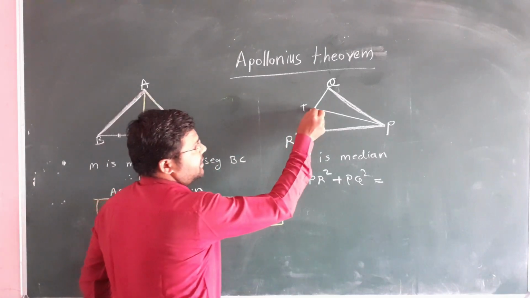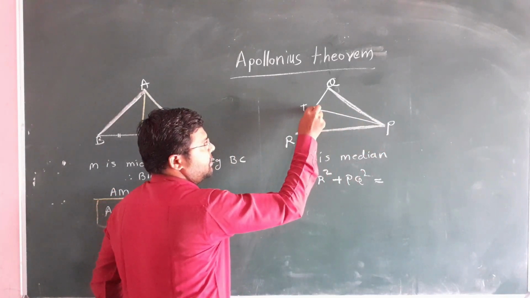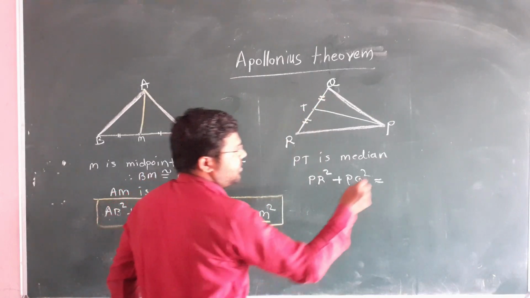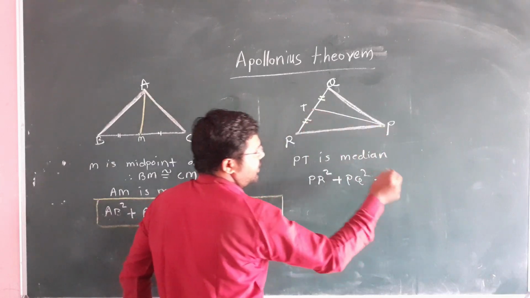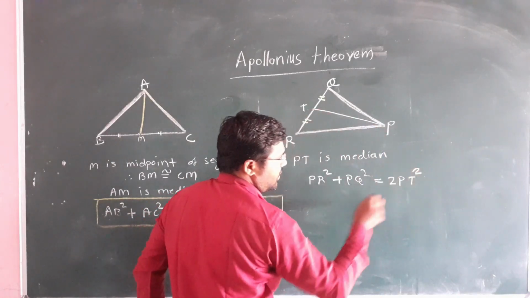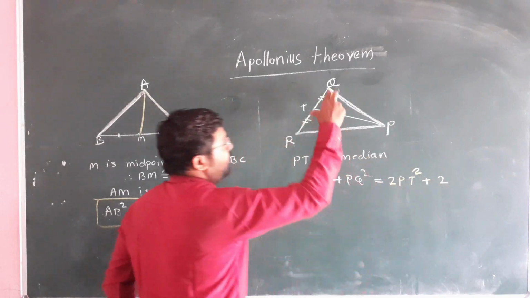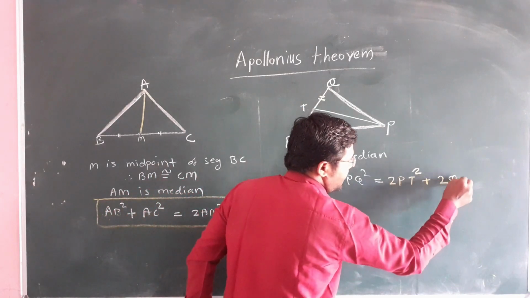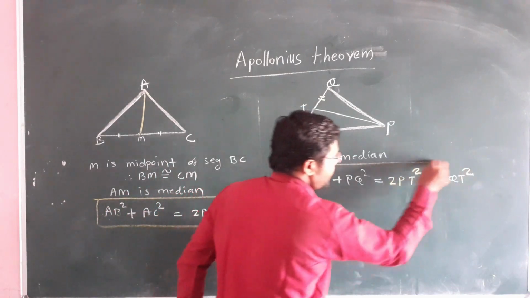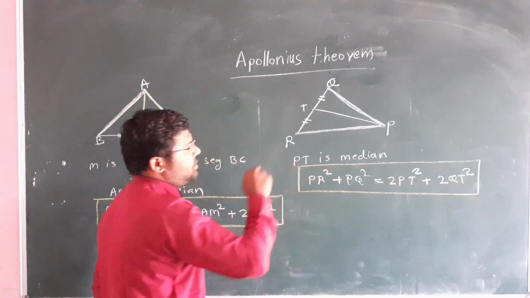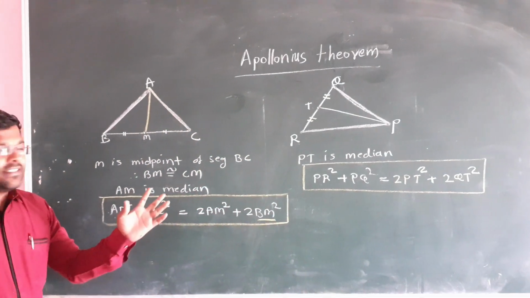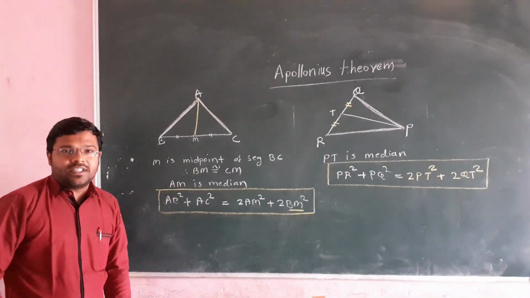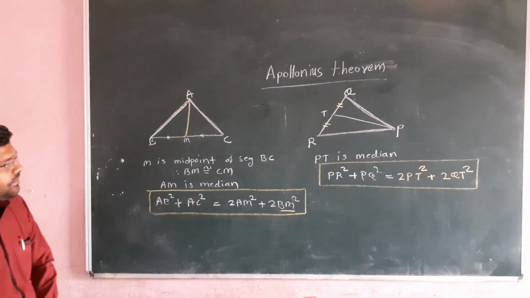Now, PT is median, therefore T is midpoint, so QT is equal to TR. So 2 median square, PT square, plus 2 into one part, you can take QT or TR. So I will take QT square. By using this theorem, we can solve examples from 2.2. Look at the board, and after that we can solve examples.